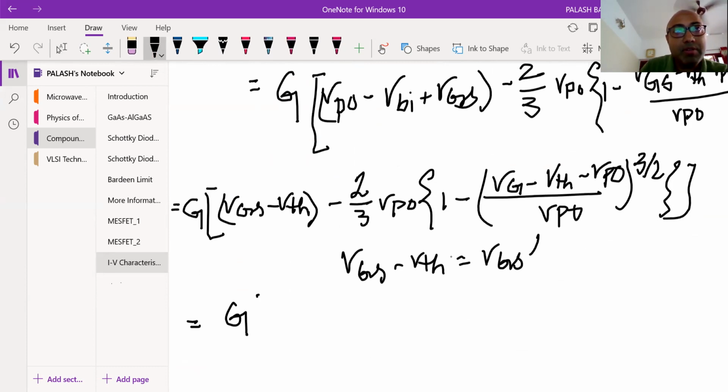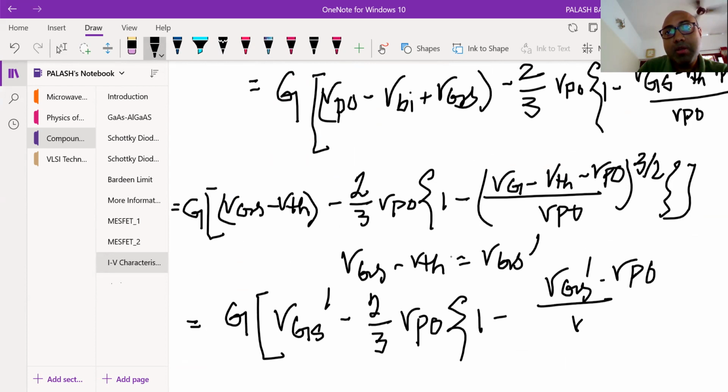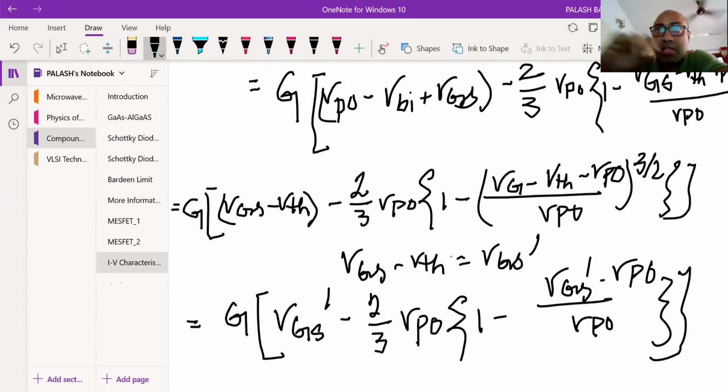So that's what I'm writing also: VGS bar, 2/3 of VP0, 1 minus VGS bar over VP0. There might be some mistake.